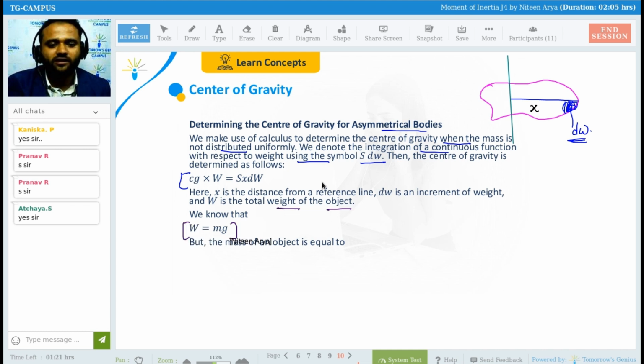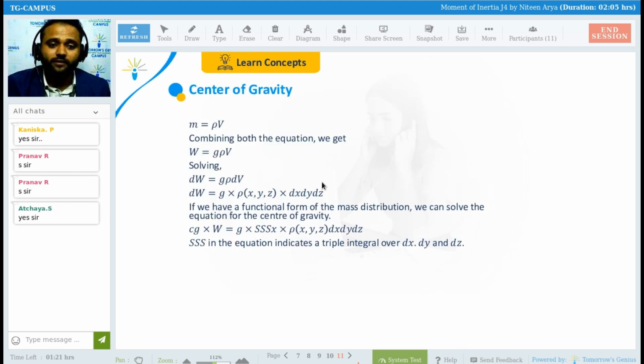So we know that W is going to be nothing but mg, mass into gravitational acceleration. If the body has mass m, the mass of an object is equal to rho dV, rho V, where rho is density and V is volume.